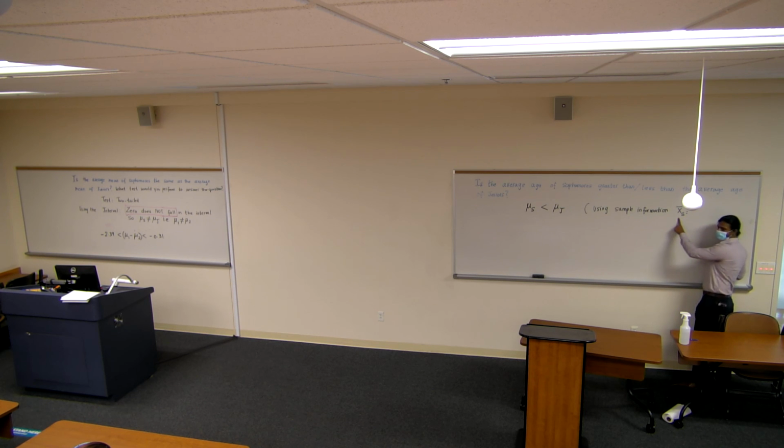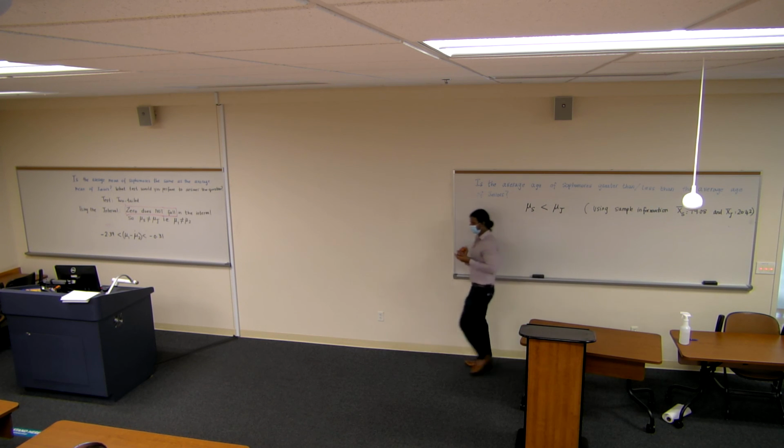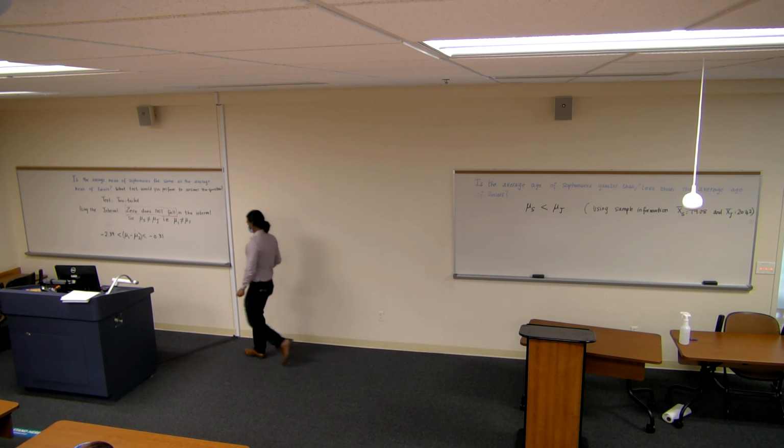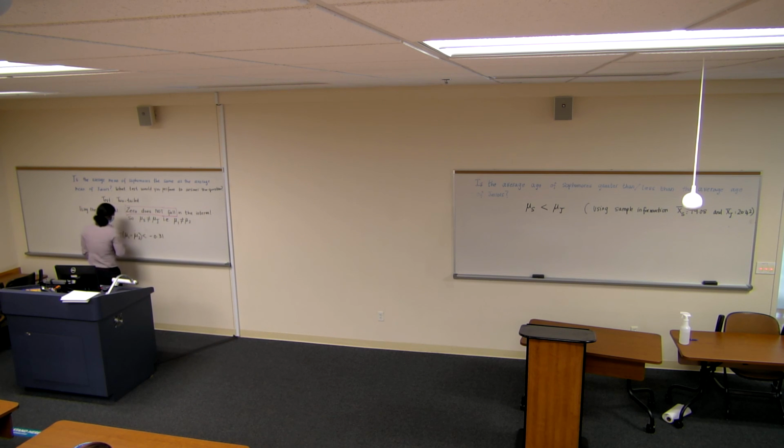The mean that we had for sophomores was 19.08, and for juniors, 20.42. So you can conclude that using that approach. Or you can look at this. The entire interval is shifted to the left, right?